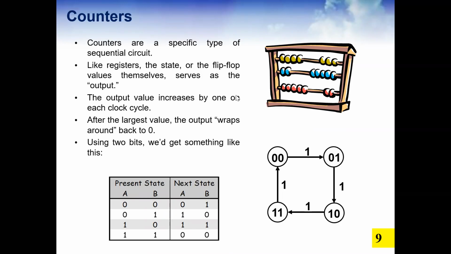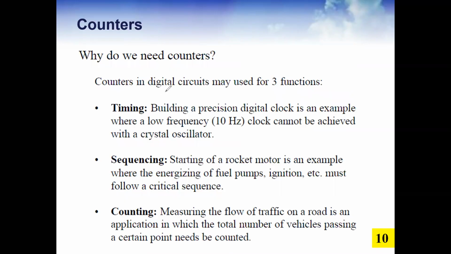So now, counters. Why do we need counters? This is the first question. Why do we need counters in digital systems? They may have three functions. First, timing. Building a precision digital clock is an example where a low frequency signal of 10 hertz cannot be achieved with the crystal oscillator. The role of an oscillator is to generate signals and waveforms, but we cannot get down to a very low frequency like 10 hertz.